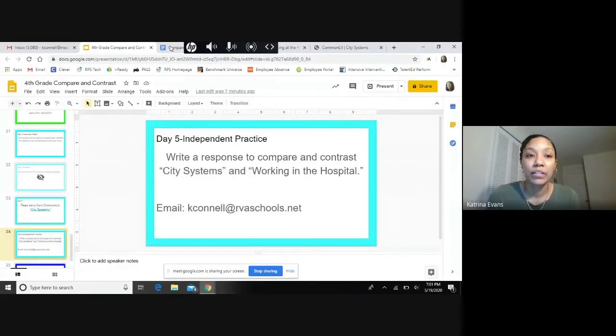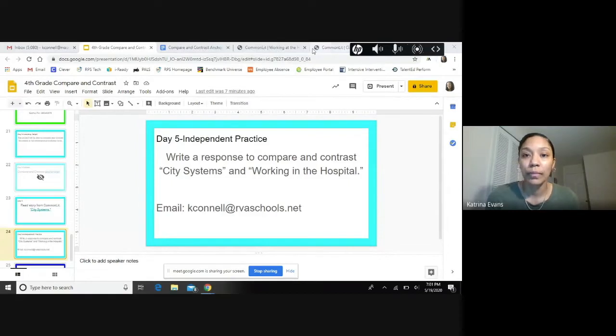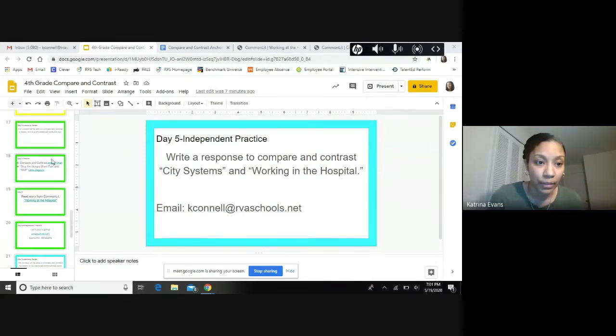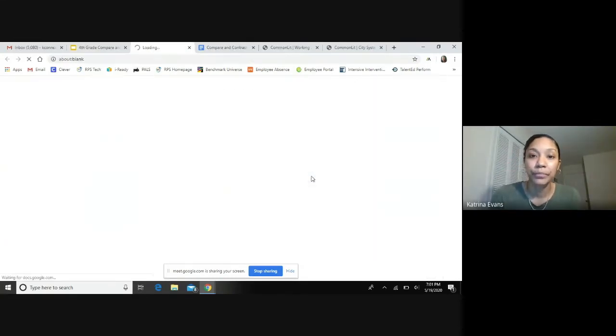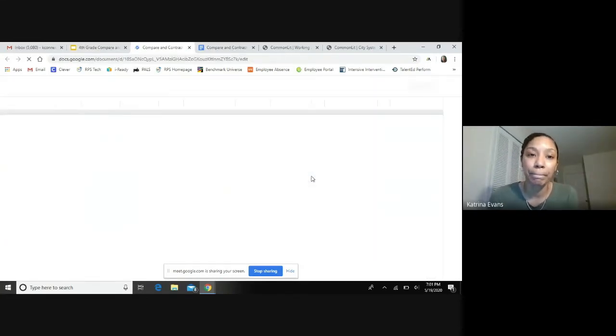Please use transition words. We discussed some signal words when we looked at our anchor chart, so I'm going to put that up again.